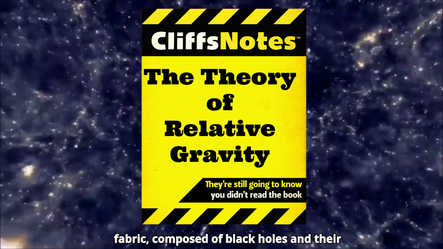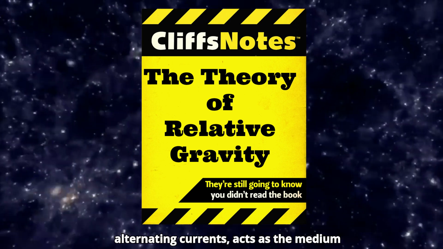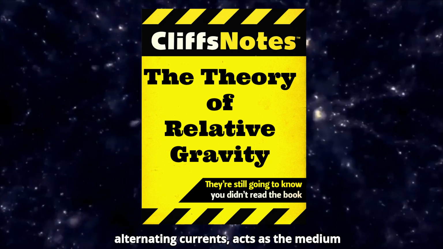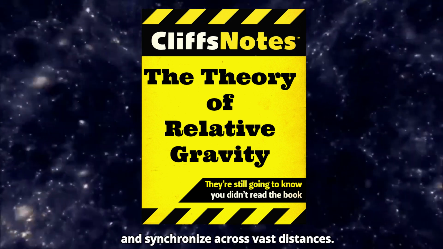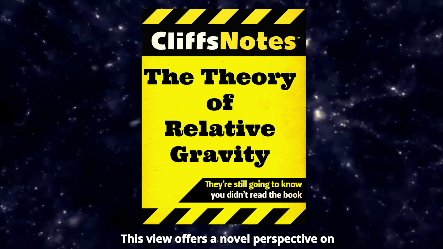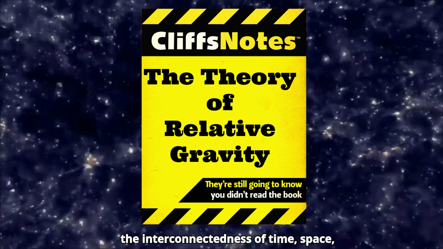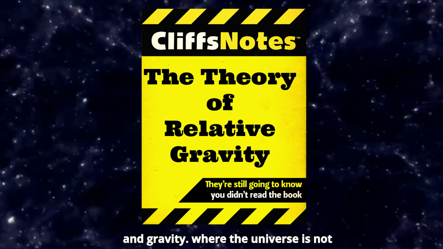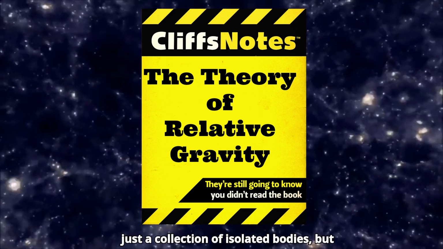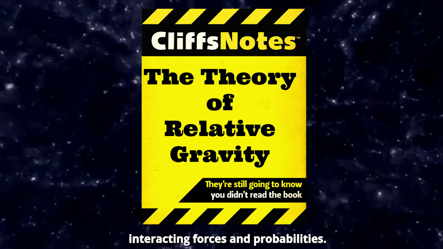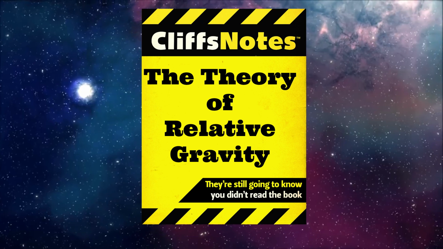The dark fabric, composed of black holes and their alternating currents, acts as the medium through which the cosmic forces interact and synchronize across vast distances. This view offers a novel perspective on the interconnectedness of time, space, and gravity, where the universe is not just a collection of isolated bodies, but an intricate, oscillating web of interacting forces and probabilities.